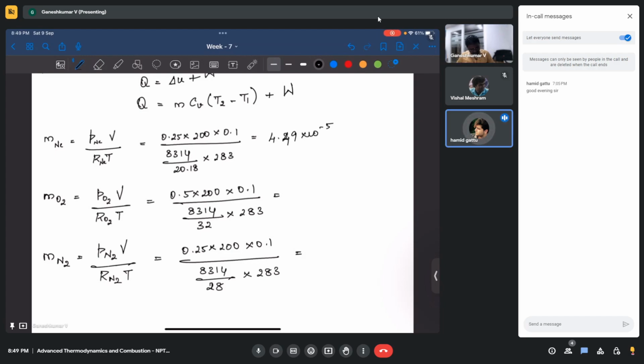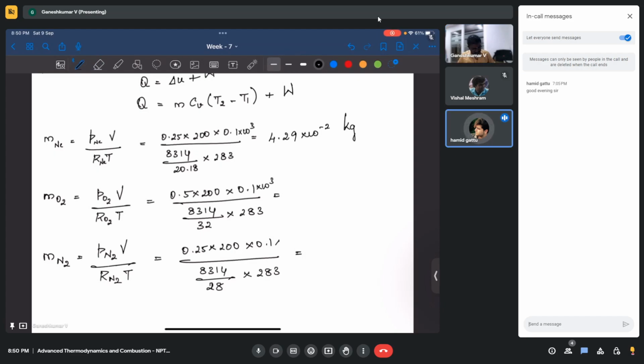So I'm getting 4.29. Probably, since it's kilopascal, it should be multiplied by 10 power 3. So maybe it should be minus 2.